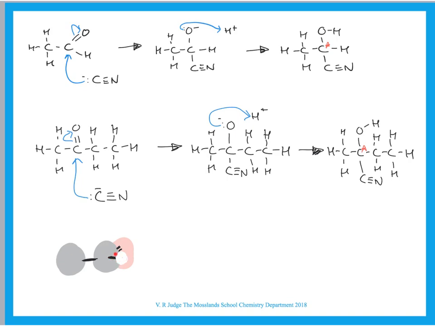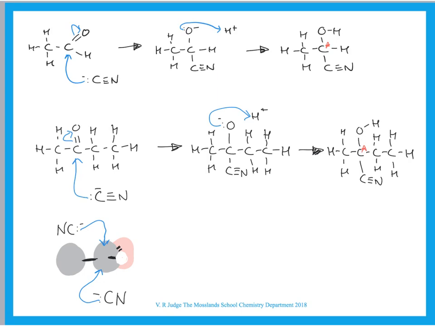So this is completely flat in this direction, which means that when your cyanide comes in, you can either get attack from the bottom onto this delta positive carbon, or you can get attack from the top onto that delta positive carbon, and they happen with equal probability, completely equally likely that cyanide will attack from the bottom and from the top, because this area of the compound is completely flat, it is planar.